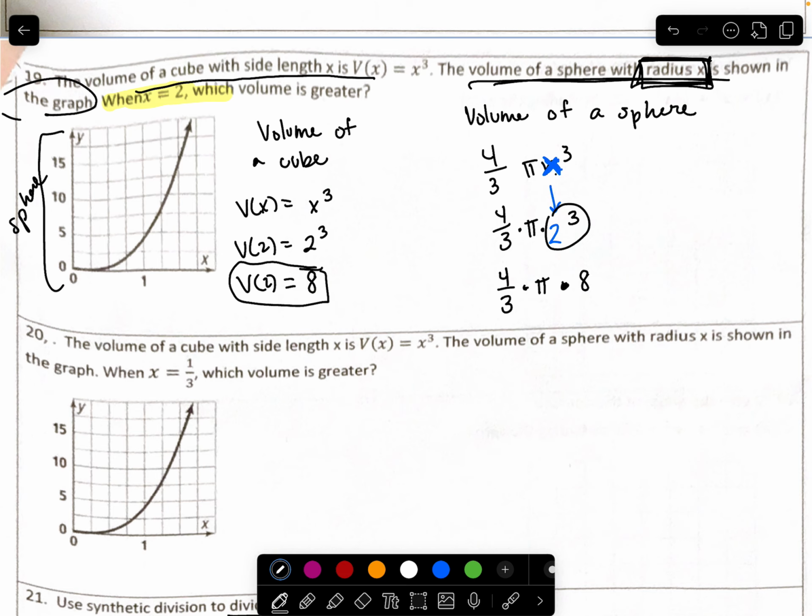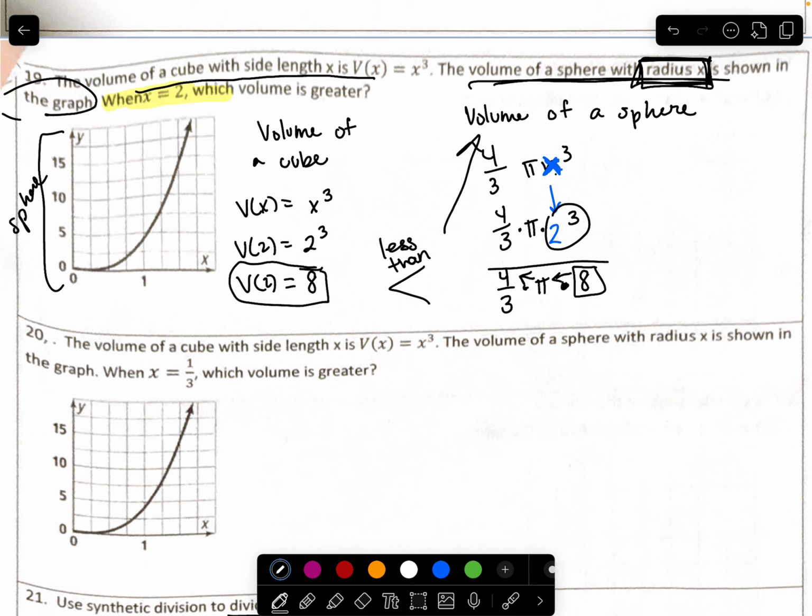Obviously, 8 times other numbers is already greater than the volume of a cube. So the volume of a cube is less than the volume of a sphere.